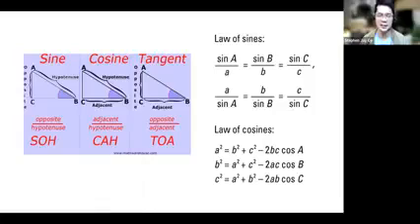The law of cosines: a squared equals b squared plus c squared minus 2bc cosine A, and so on. So these are the laws of sines and cosines plus the SOHCAHTOA. Like the pre-test example earlier, they can come out in the test.